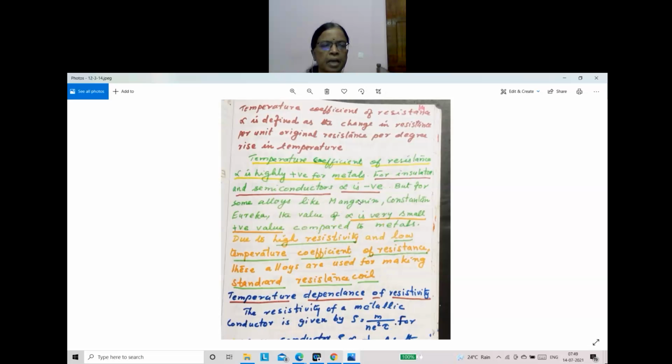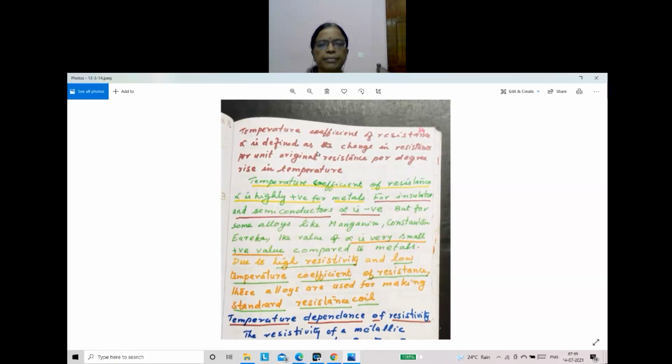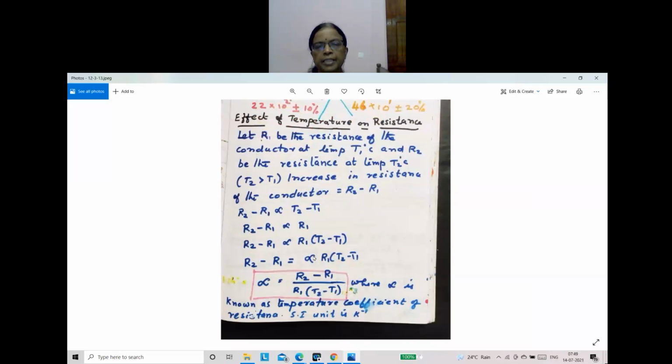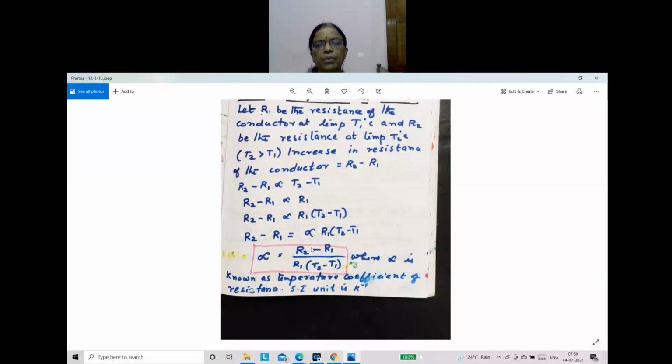The temperature coefficient of resistance alpha is defined as the change in resistance per unit original resistance per degree Celsius rise in temperature. That is the definition. See, the definition for alpha. R2 minus R1 is the increase in resistance, divided per unit original resistance.